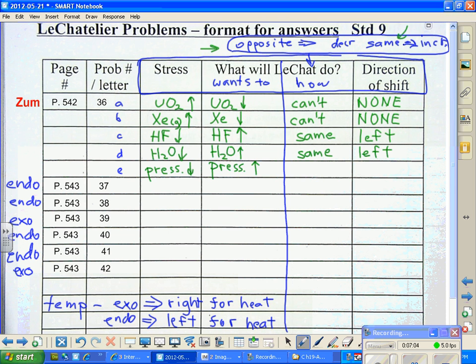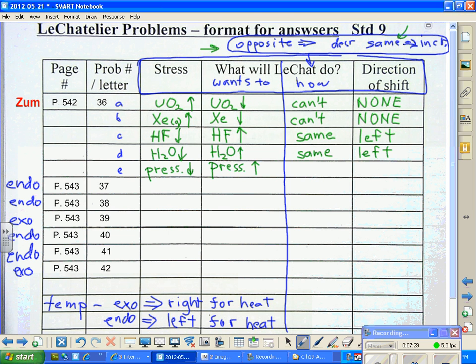However, the HF has a 4 there. Now on the right side, we have UF4. The coefficient of UF4 is assumed to be 1 because there's no coefficient there. And the coefficient of water is 2. So we have a total of 3, 1 for the UF4 and 2 for the H2O. So there's 3 on the right, 4 on the left.